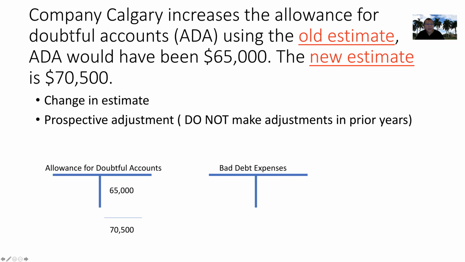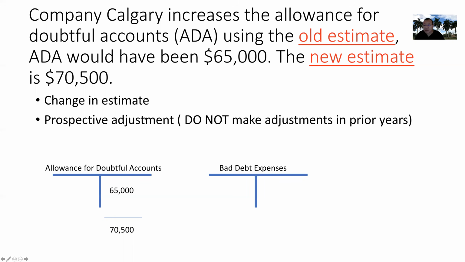Okay, so this information is quite evident that this change is about a change in the estimate. So we have learned that for the change in estimate, you do not go back to the prior years to make adjustments. Your adjustment is only prospective. You only make adjustments in the future years.